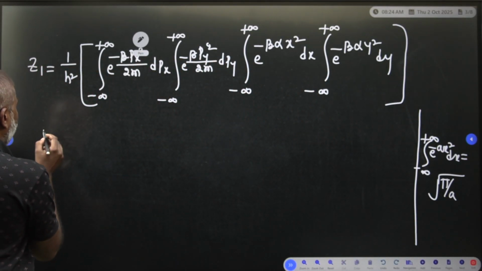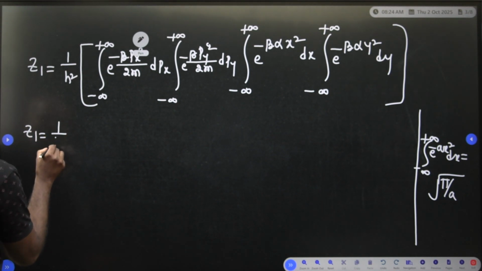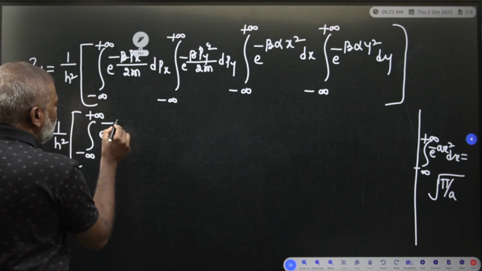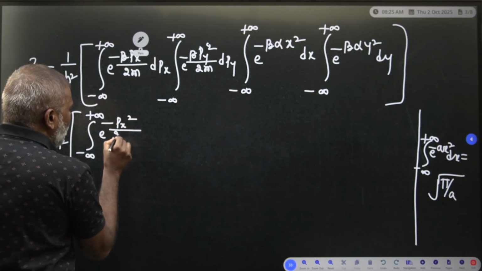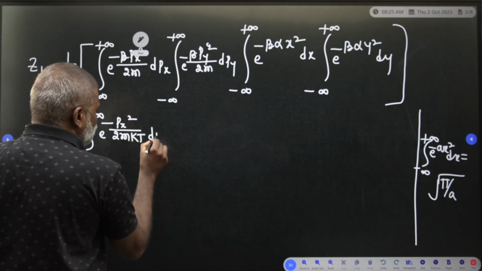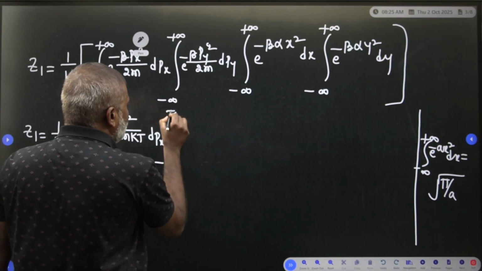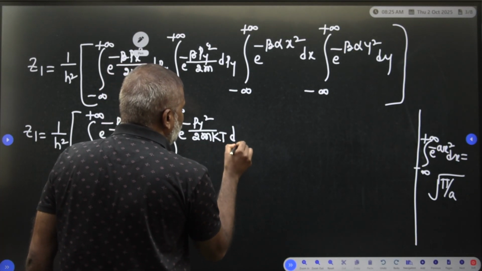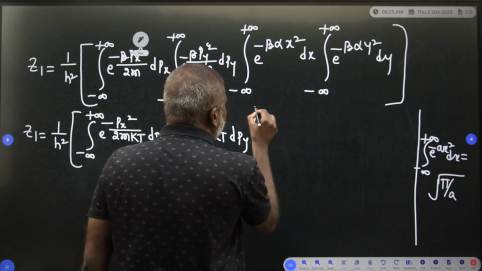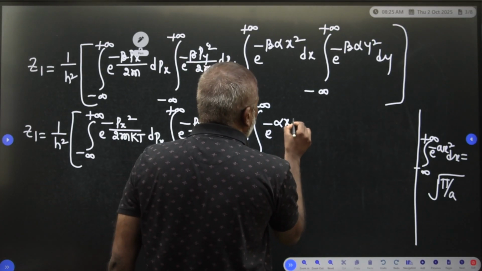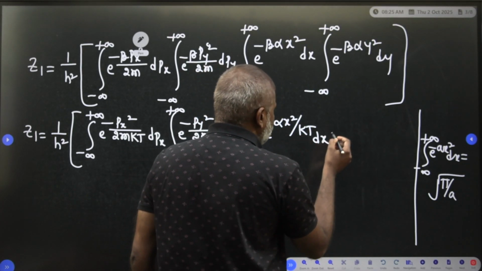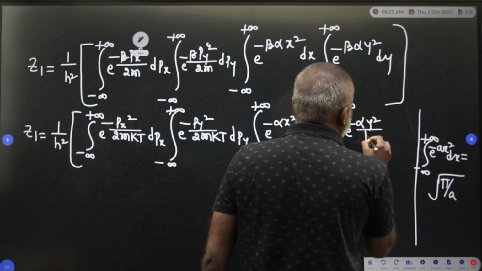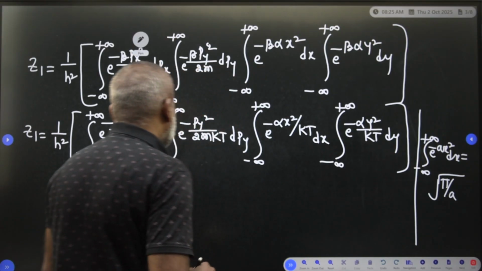Based on this formula, Z1 is equal to 1 by h square into the integral of e to the power of minus p x square divided by 2m k T, d p x, the integral of e to the power of minus p y square divided by 2m k T, d p y, the integral of e to the power of minus alpha x square divided by k T, d x, and the integral of e to the power of minus alpha y square divided by k T, d y. You have to write this one.